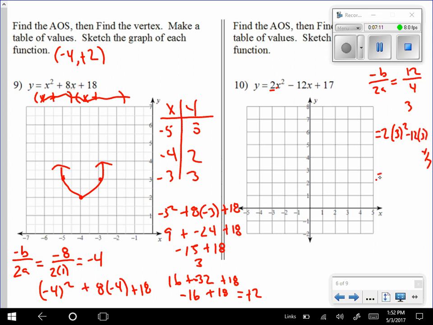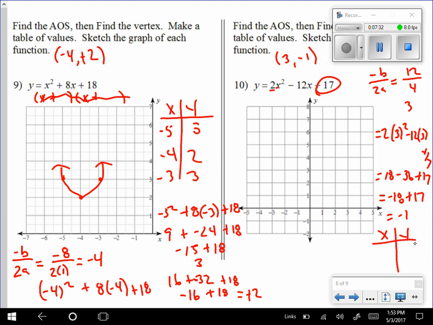Gotta work my way down. So 2 times 9, 3 squared, would be 18, minus 36 plus 17. Would be negative 18 plus 17, or negative 1.